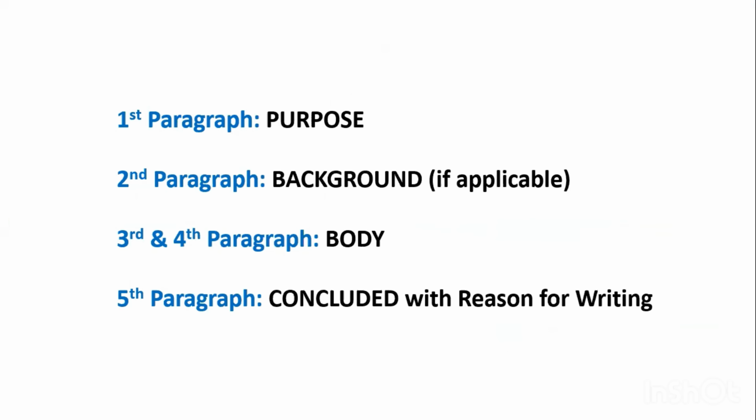Your letter should contain the introduction part, that is, Dear Doctor, the address, and the salutation part. Then your first paragraph should be the purpose. The second paragraph should be background if applicable, because background is not required in all letters, but in some letters we require it. Then the third and fourth paragraphs will be the main body of your letter. And then in the fifth paragraph, you will conclude your letter with the reason for writing. So this is how you will structure your paragraphs.